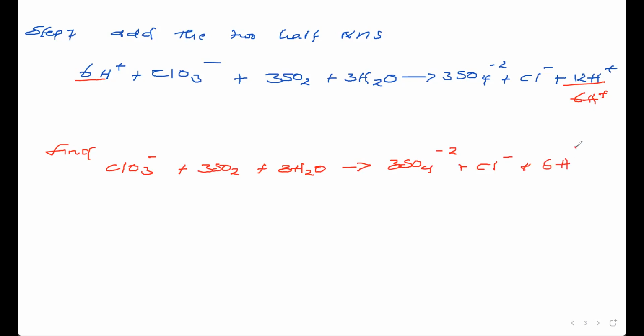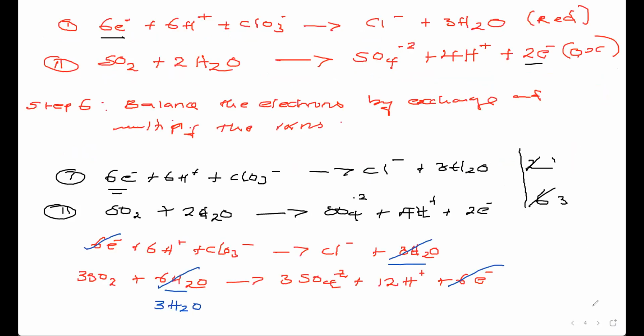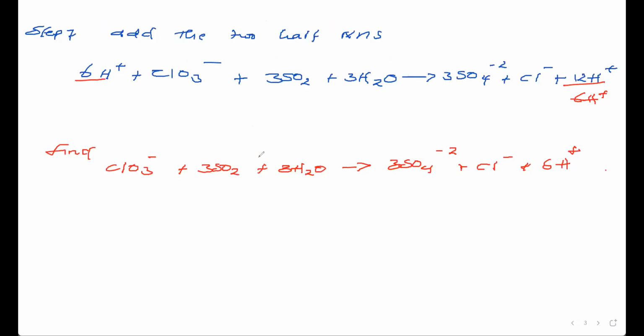I mean H plus. Now the first thing we need to consider is always to check if the reaction is balanced or not. But how do we do that? We're going to do it species by species.